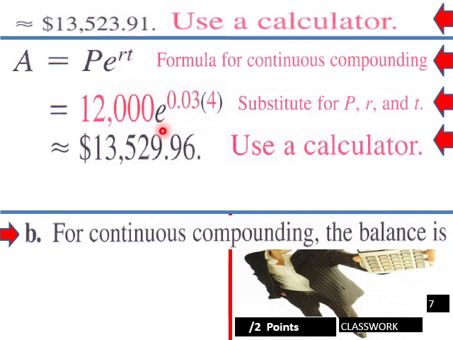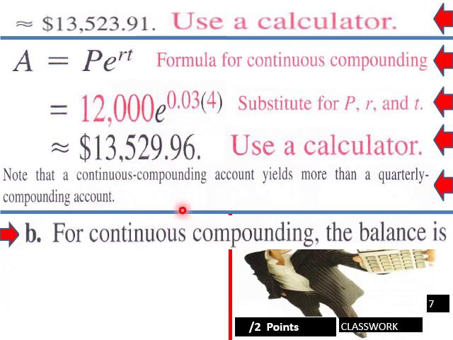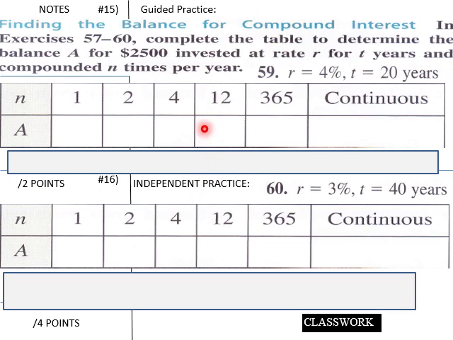So we get $7 more. Using a calculator, we come up with this number here. For continuous compounding, the account yields more than quarterly compounding. So for continuous compounding, the balance would be that.